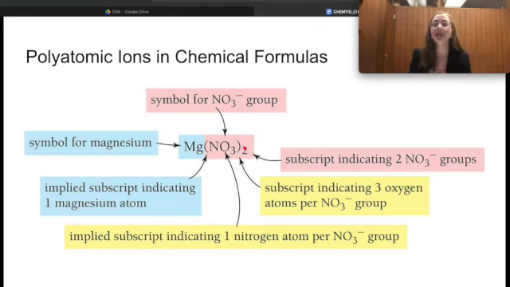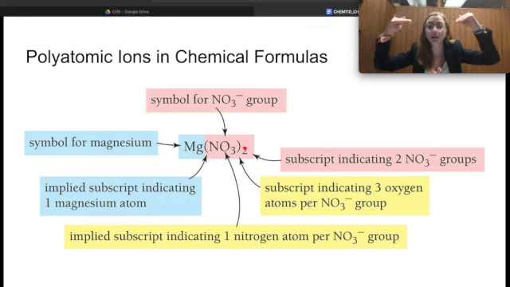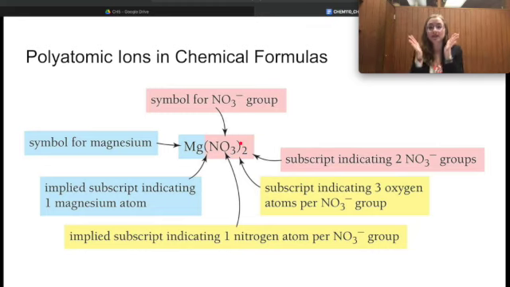So if I want to say I've got 2 entire copies of my nitrate, I use parentheses around the chemical symbol of nitrate so that I can say that I want 2 whole copies of the whole thing. So this is saying that I have 2 nitrate ions. So what might this look like? So this might look like this. So I might have a magnesium ion. We know magnesium takes on a charge of 2+.